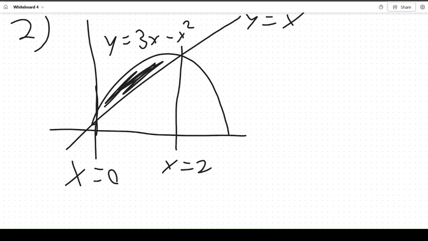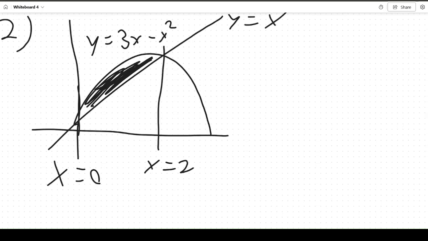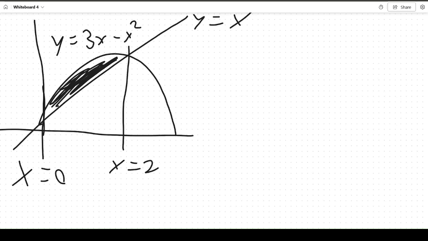Trying to find the area between these 2 points from x equal to 0 till x equal to 2. So how do we do that? Let's start off by putting in our formula. It's going from 0 to 2, so that's why 0 goes on the bottom and 2 goes on the top.